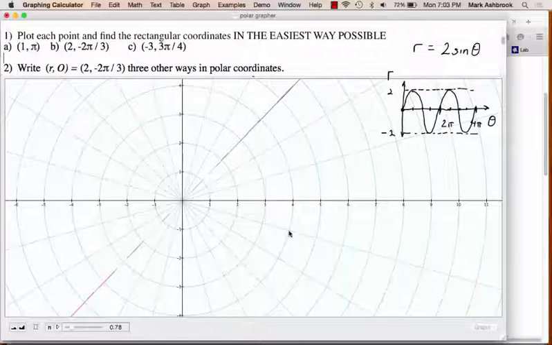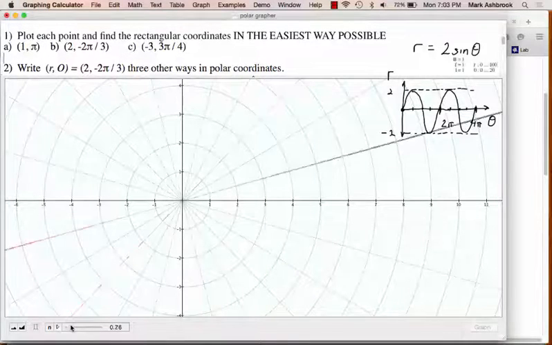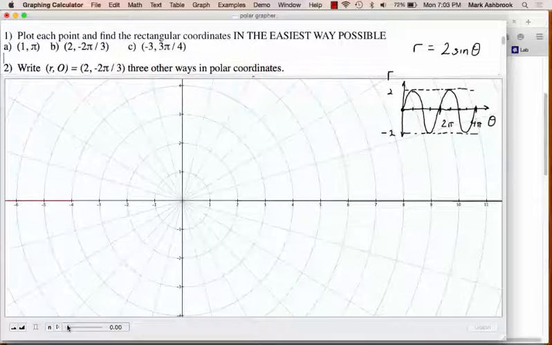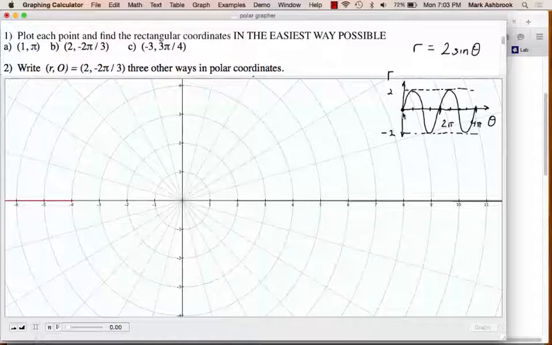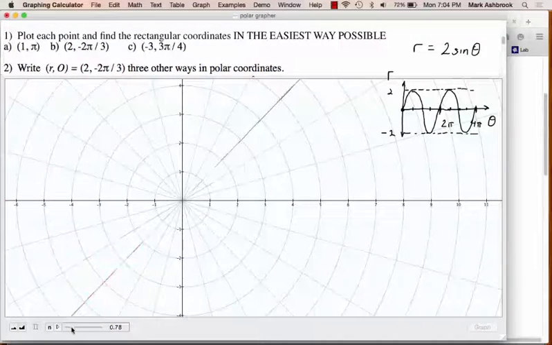So we're going to look at this first quarter period here. As theta goes from 0 to pi over 2, what does r do? Increases from what to what? 0 to 2.